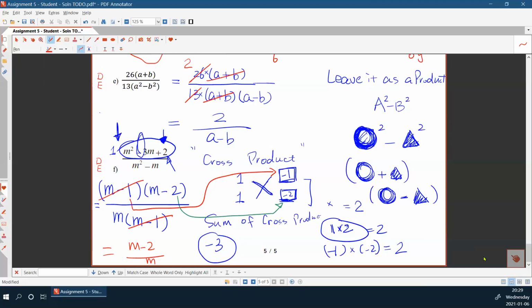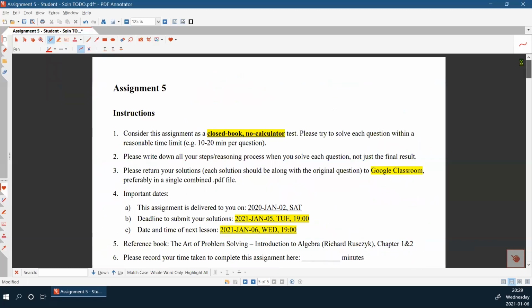Before we end this class, let me tell you another example. So how about x squared plus 6x plus 5?